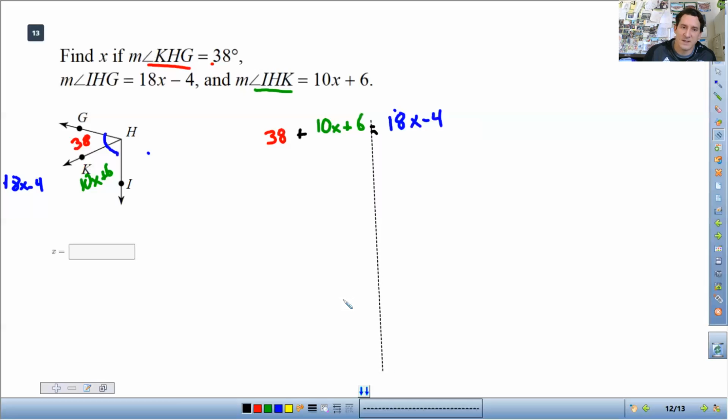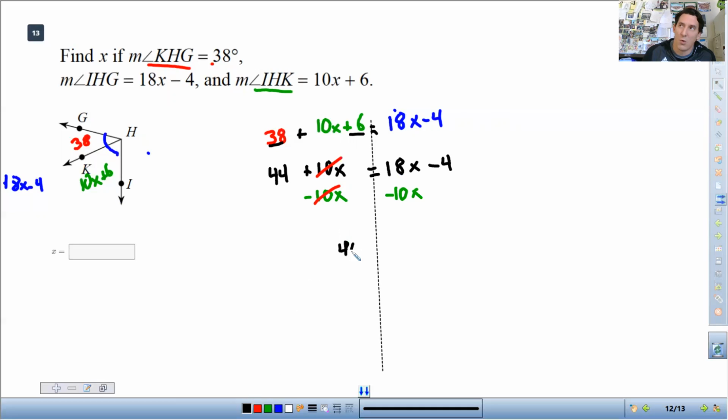Now to solve for this, I'm going to simplify this side. I'm going to combine these. The 38 plus 6 is 44. Plus 10x is equal to 18x. I want the x's on the same side of the equal sign. So I'm going to eliminate this 10x. I'm going to subtract 10x from both sides. Since the 10 is smaller than the 18, if I subtract 10x, I'll keep things positive.